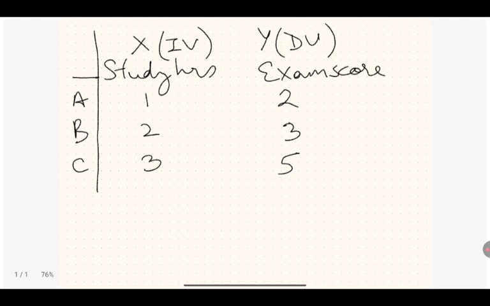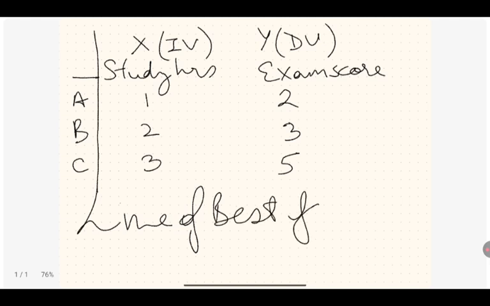How do we get to the line of best fit through the regression equation? This is the sample data which we have.